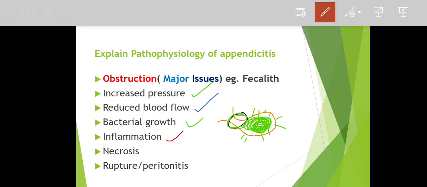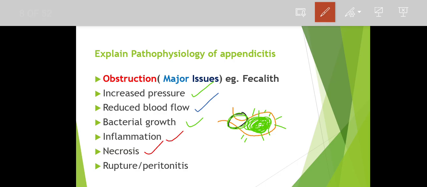Then if inflammation occurs, this can actually lead to necrosis, and due to the combination of all these factors, the appendix can actually rupture, pouring its content in the abdomen, and that can lead to peritonitis.